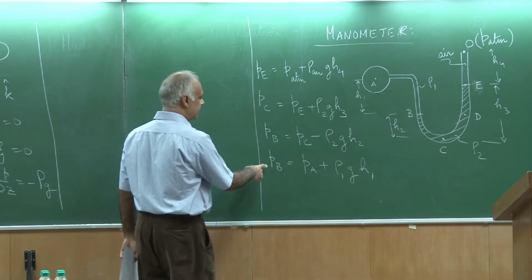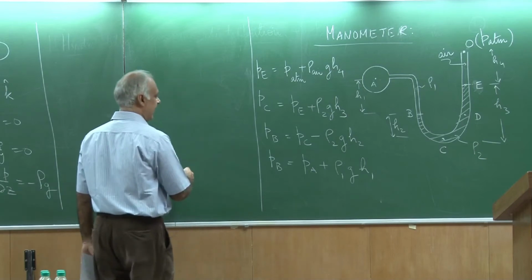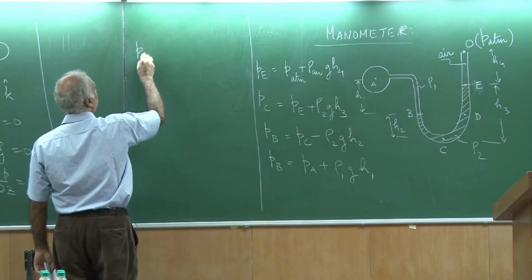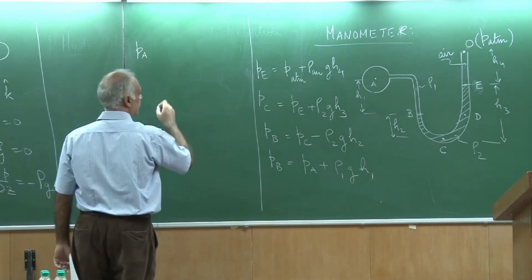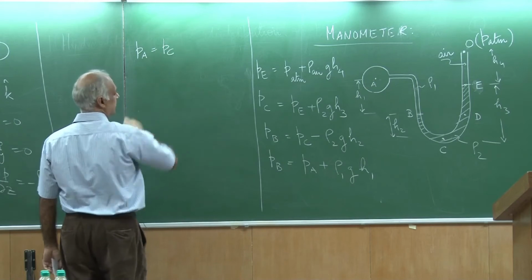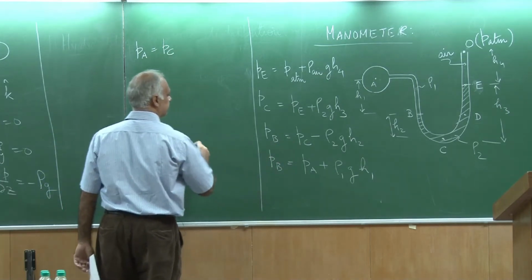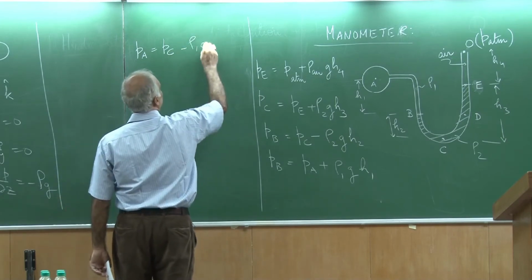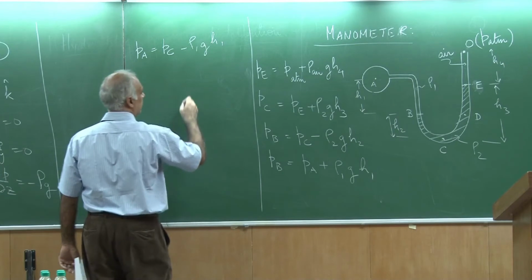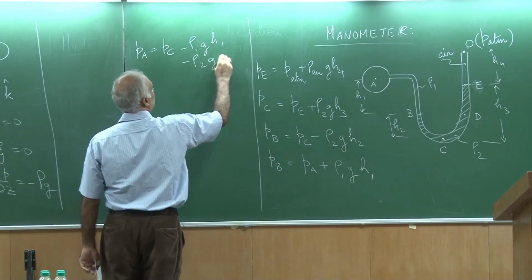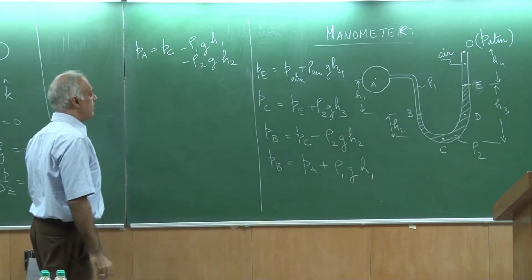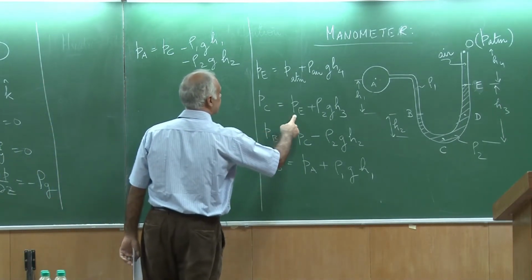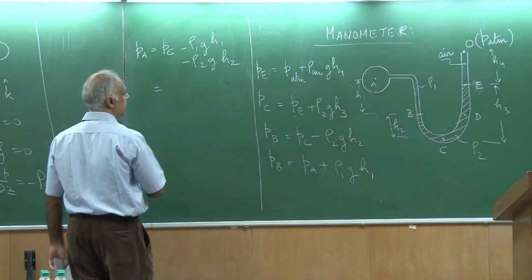Okay, so we can now substitute for these different equations and let us see. So, I have PA equal to PC minus rho 1 G H1 minus rho 2 G H2. But PC I already know is this quantity over here. So, let me substitute for that.